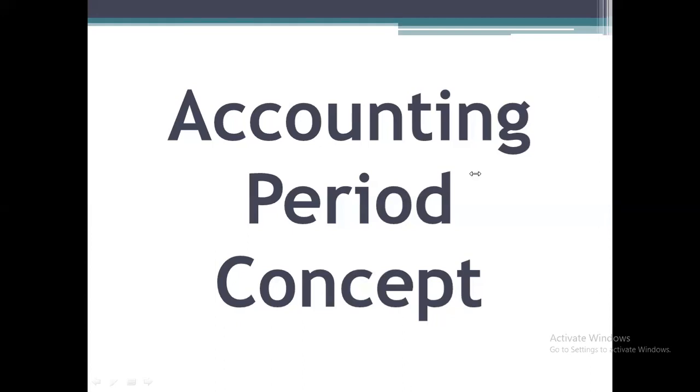In India, as Gautam mentioned, it is 1st April to 31st March. That is called the accounting period. In the US, it is January 1st to 31st December. That is also called the accounting period.